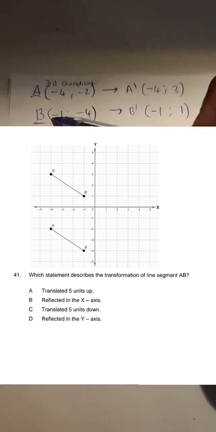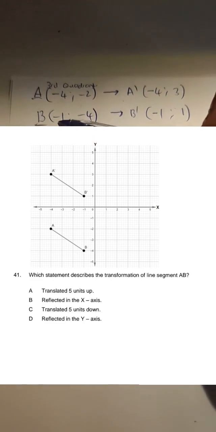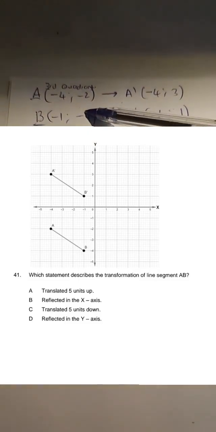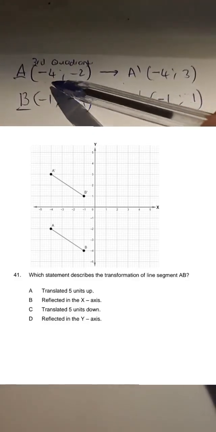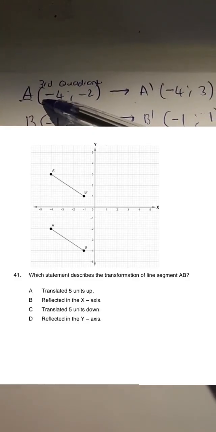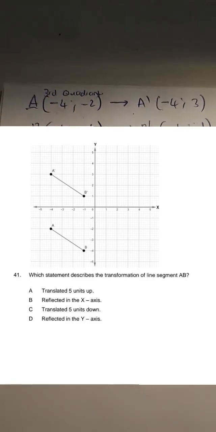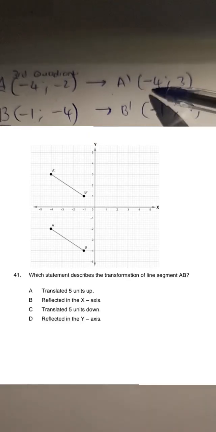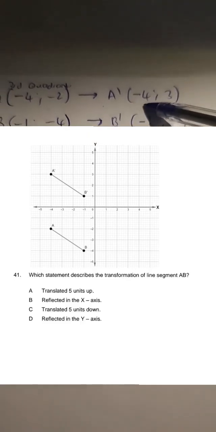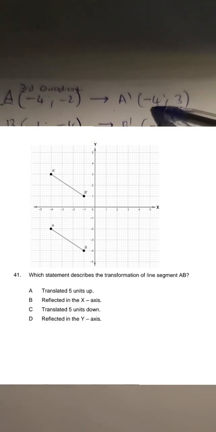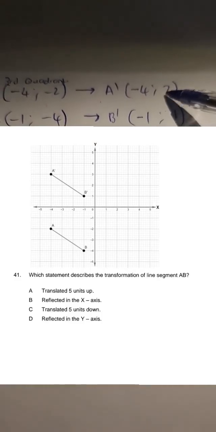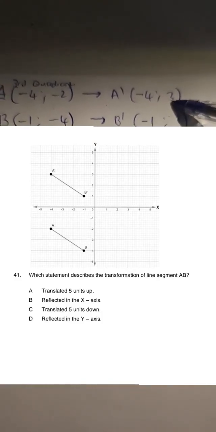Look at B. B has the x coordinate -1 and the y coordinate -4. Now A, which has changed to the second quadrant, has its x value still -4, but the y value now is +3. So it is the y value that changes.